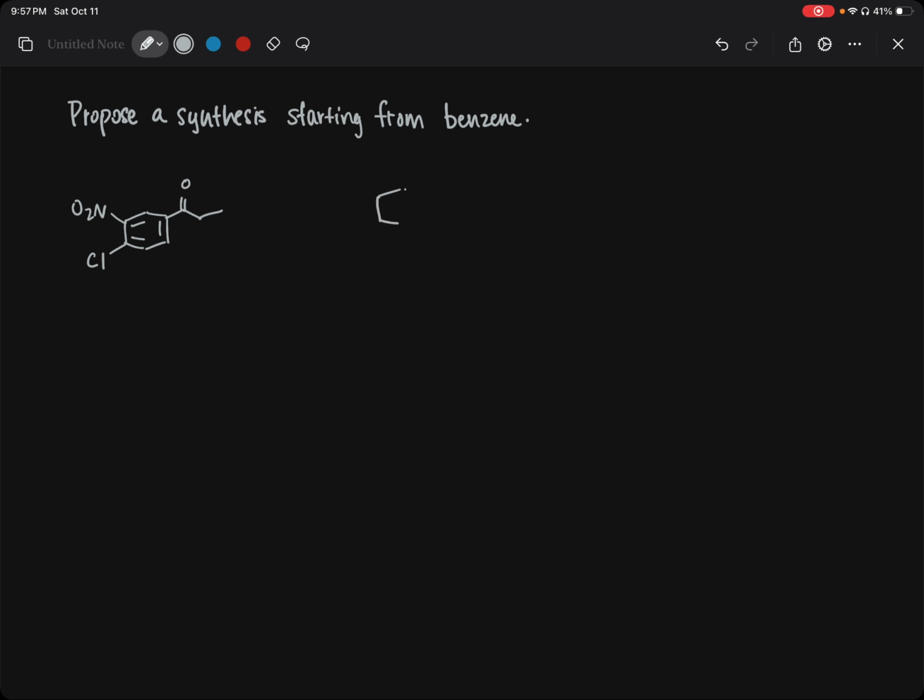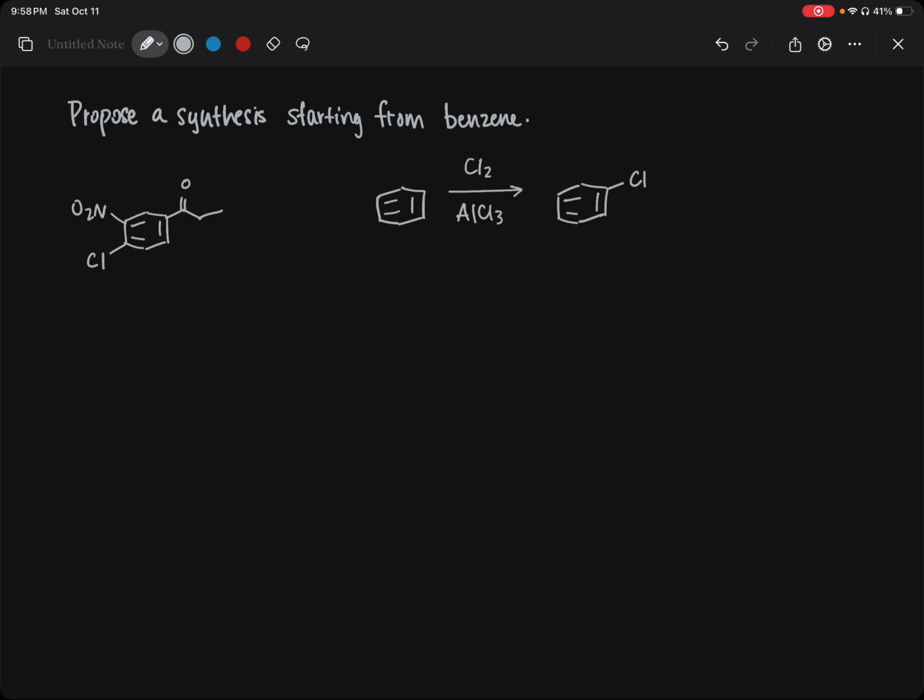If we want to take benzene and turn it into chlorobenzene, the reagents we use to do that are just some diatomic chlorine, and then as a catalyst, AlCl3, aluminum chloride. And what that will do is substitute one of our hydrogens for a chlorine. Okay, so that's how we're going to install the chloride group.